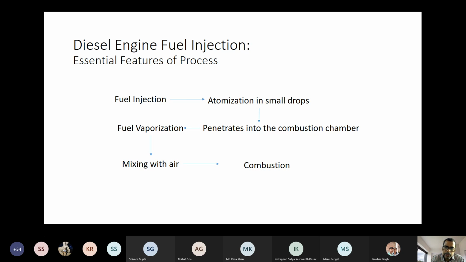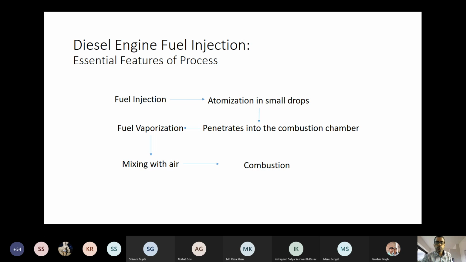In fact, we can say, even though it is not actually true but very close, that the start of fuel injection can be considered as the start of combustion. Here I'm neglecting the ignition delay. So the start of fuel injection and the start of combustion are almost going to take place simultaneously, with a slight delay.